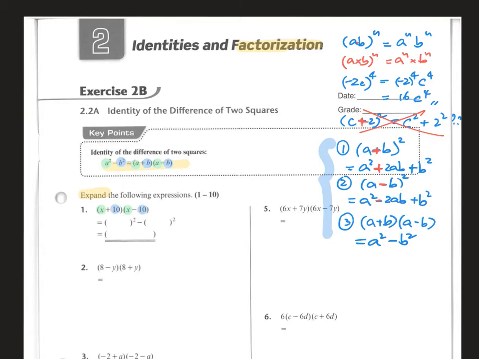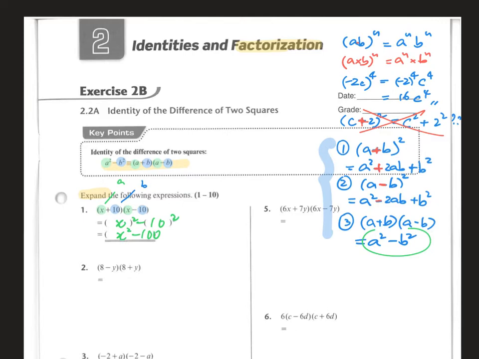You will see now x is your a, while 10 is your b. According to the formula, it's a squared minus b squared, so you have x squared minus 10 squared. For numbers, we need to simplify, so it goes to x squared minus 100. So that's number 1.